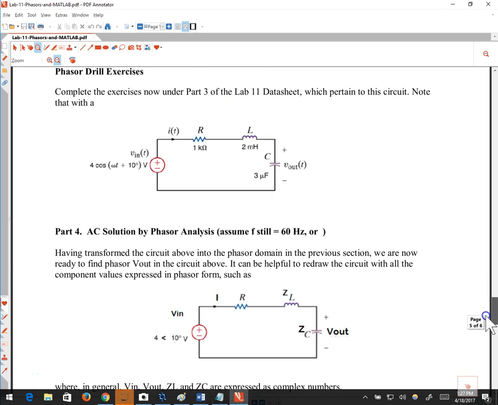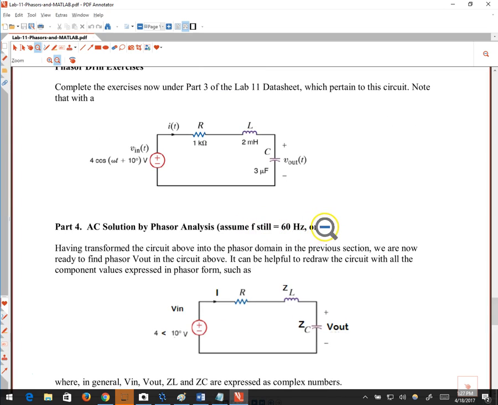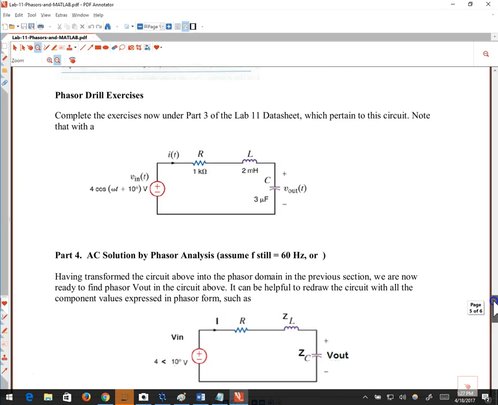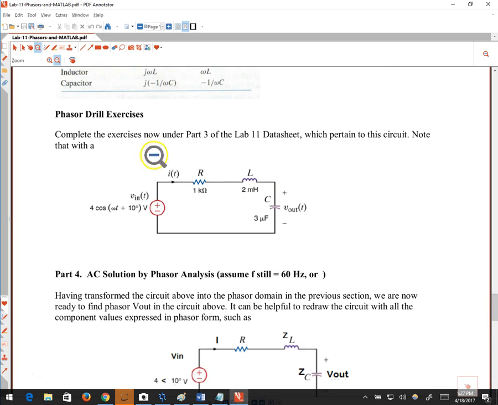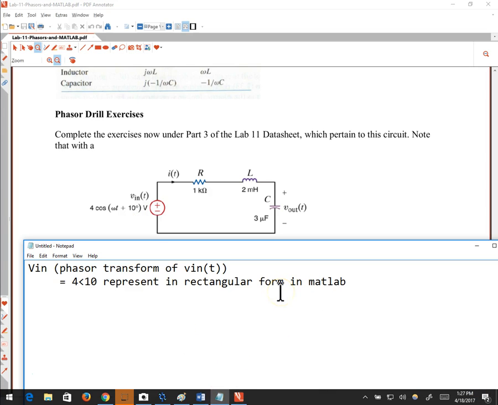Note that f still equals 60 hertz. So we're going to assume this is a 60 hertz sine wave, and 60 hertz means 60 cycles per second. When f equals 60 hertz, what's omega? Omega equals 2 pi times f, right?